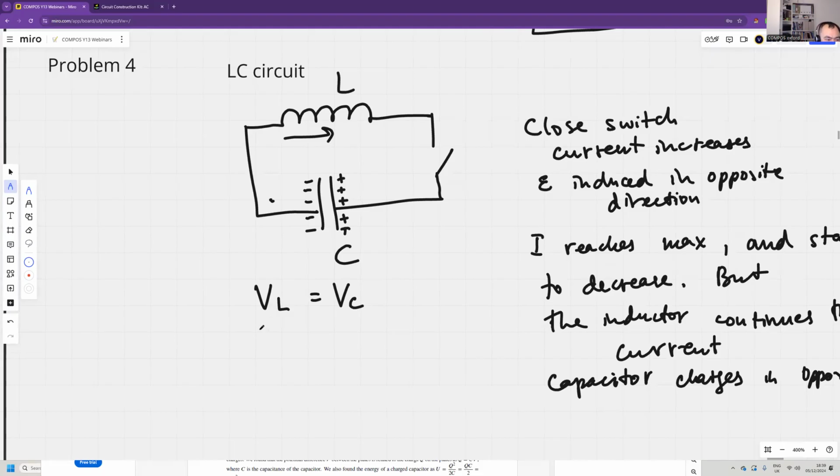The voltage on the inductor, as we already know, is L di/dt. And the voltage on the capacitor is Q over C.